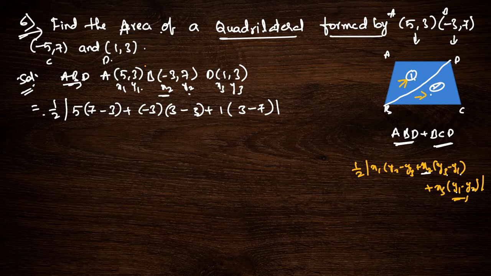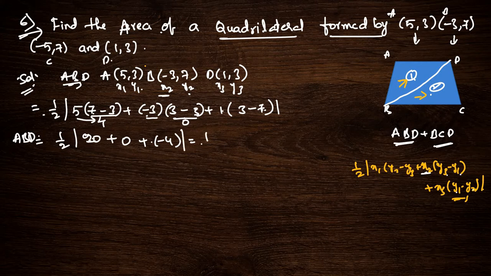So it will close here and ABD becomes 1 by 2 into 7 minus 3 is 4, 5 fours are 20, plus minus 3 into 3 minus 3 is 0, so 0, plus 1 into 3 minus 7, which is minus 4. That is 1 by 2 into 20 minus 4, which is 16. So 1 by 2 into 16 is 8. So 8 is the area of triangle ABD.